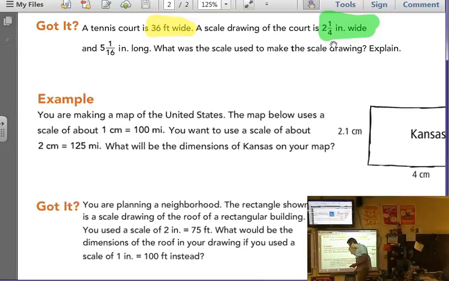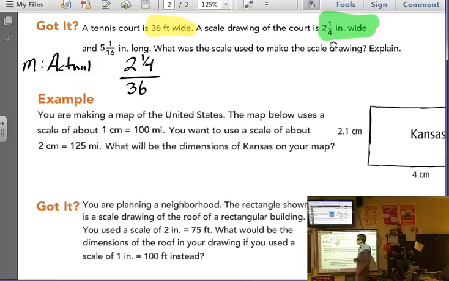All conversion factors compare the actual to the model or the model to the actual. Normally, they do model compared to actual. Or model above actual, like if we set it up in fraction form. So if I'm going to do the model compared to the actual, I'm going to set up 2 1/4 compared to 36. And that's inches compared to feet. I would keep your labels on since we're working with different labels.